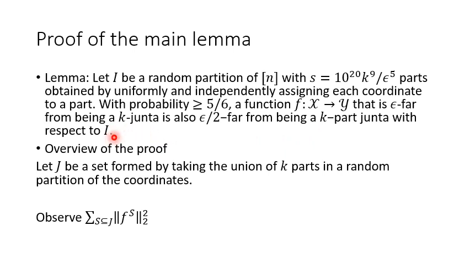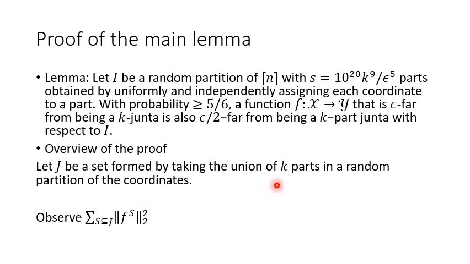To prove this lemma, we will take a set J that is formed by taking the union of k parts in a random partition of the coordinates. Because it is only formed by the union of k parts and not k plus 1, its influence, which is tightly related to the sum that we will observe, should not be too big.